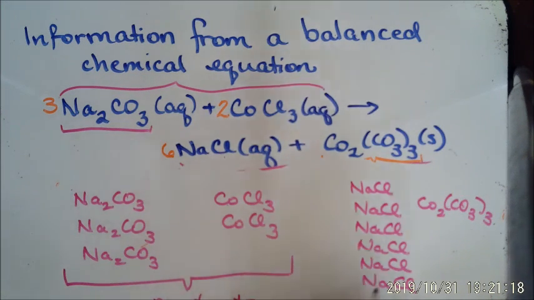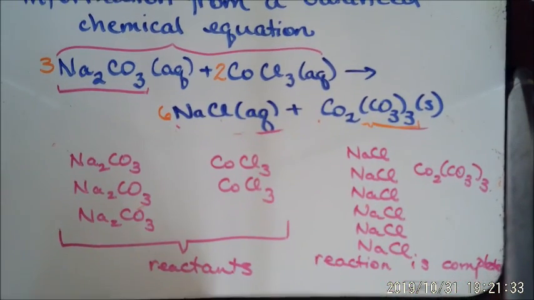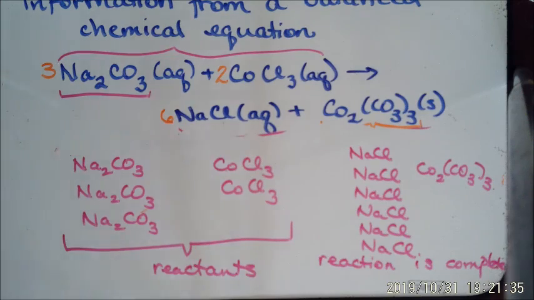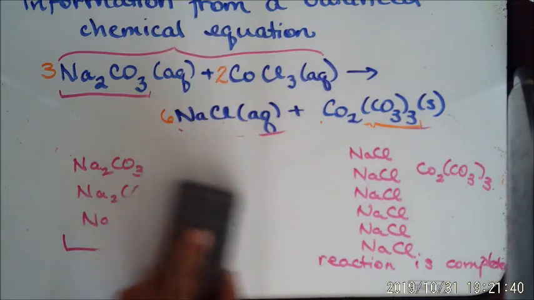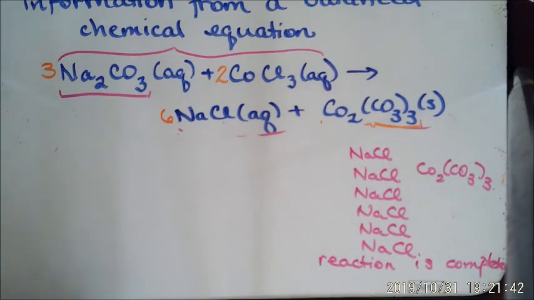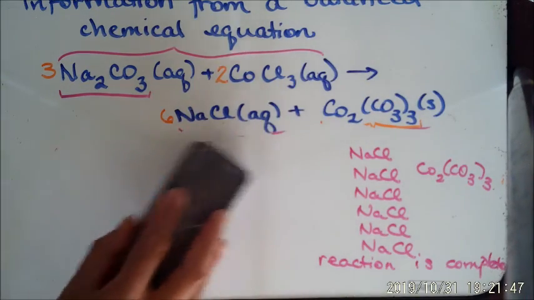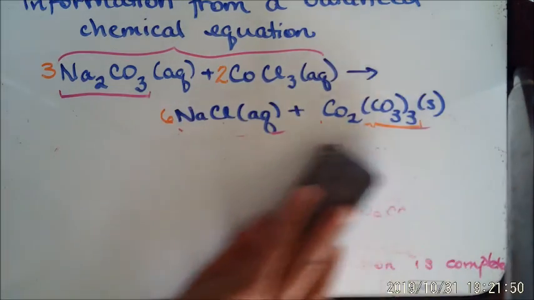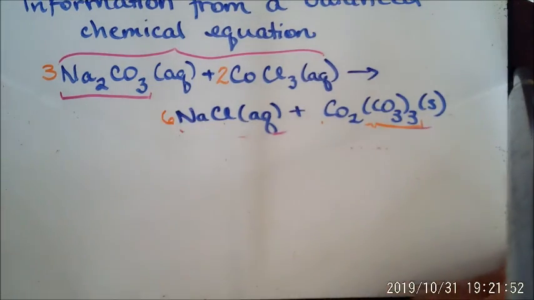And when the reaction is complete, all my reactants are gone, and all I'm going to have left are my products. So that's what this reaction tells us: I start out with this here and then I end up with this here.